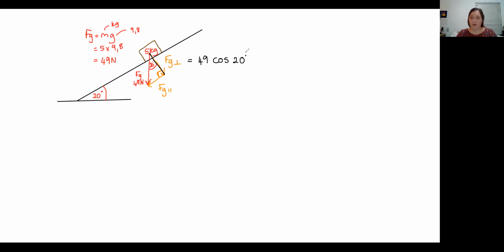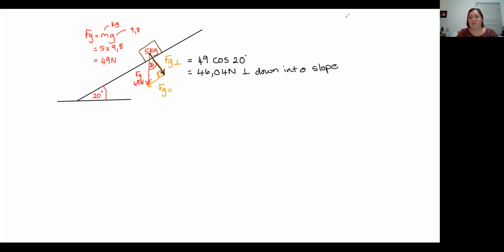So my component of the weight perpendicular to the slope here is 49 times cos 20. Please make sure your calculator is on degrees, which gives you 46.04 newtons. That is a component of our weight which acts perpendicular down into the slope.